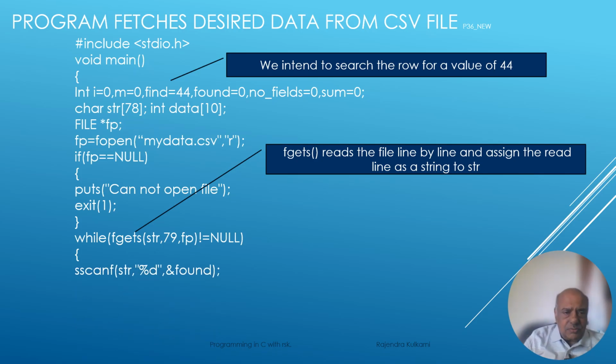First of all, while using this while loop, what we intend to do is find out which row contains the identifier required by us, which is 44 in this case. Then we use a function sscanf, with str, comma, %d as a string, comma, and found in the brackets.